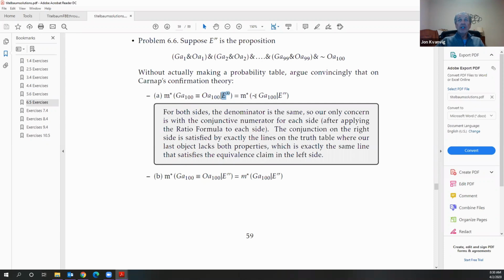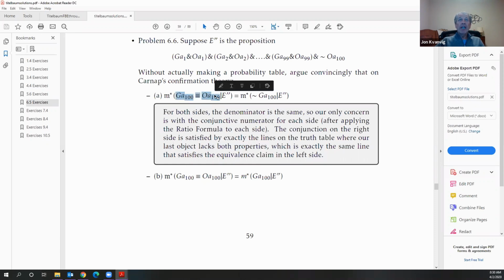The conjunctions of not G, A sub 100 with E double prime and the equivalence claim. So look at the right side first. The conjunction on the right side is satisfied by exactly the lines on the truth table where our final object, A sub 100, lacks both properties, which is exactly the same line that satisfies the equivalence claim on the right side.